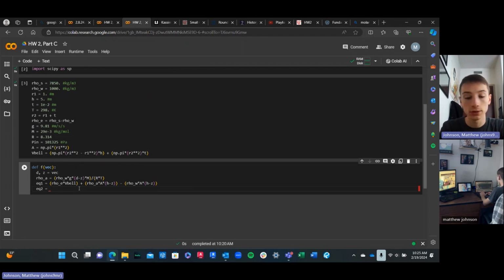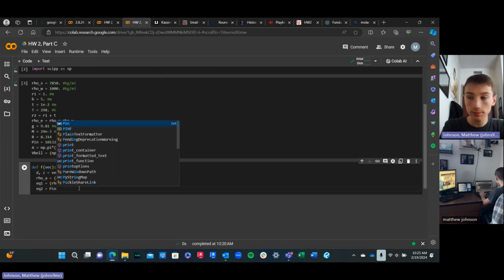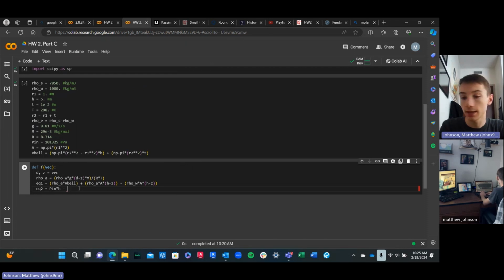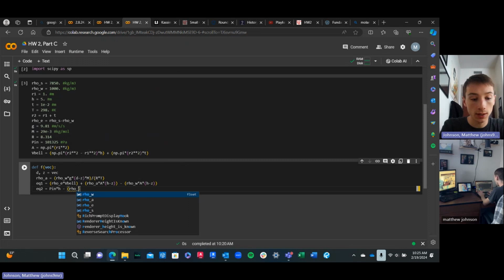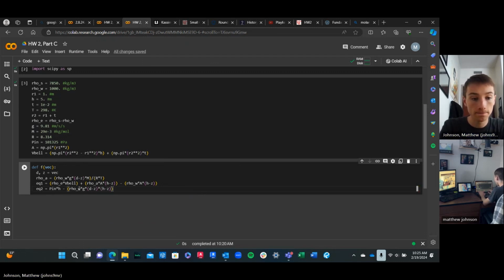Equation two now is a little bit simpler. That's the pressure balance equation. So we have P initial times H minus, we're going to subtract that whole other term to the other side, the density of water times gravity times the quantity D minus Z times the quantity H minus Z. Okay, and that's our second equation.